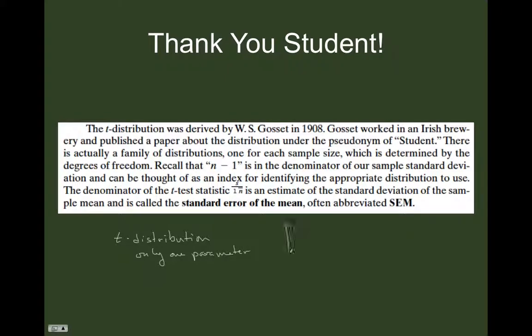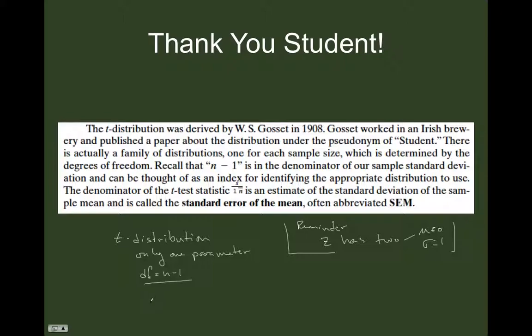And just as a reminder here, how many parameters does Z have? The Z-test statistic has 2 parameters: mu, which is 0, and sigma, which is 1. Those are the parameters for the model. But T only has one parameter, and it's called degrees of freedom, and it's defined to be n minus 1.